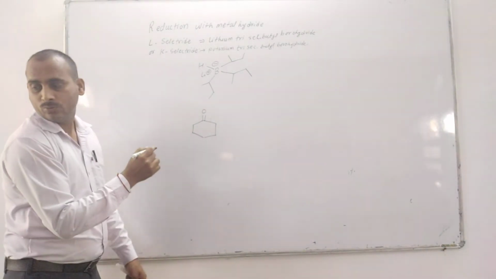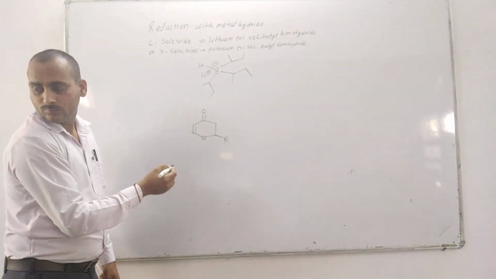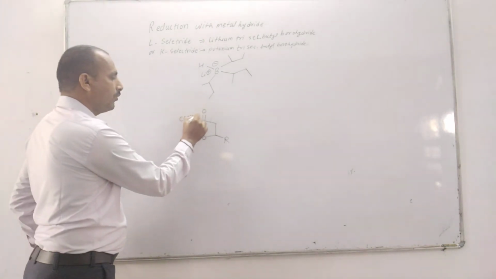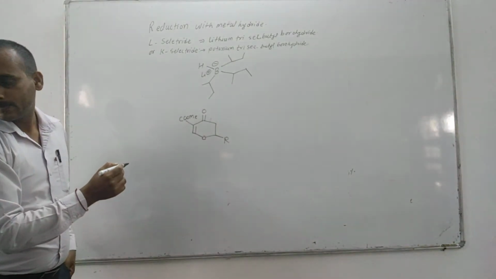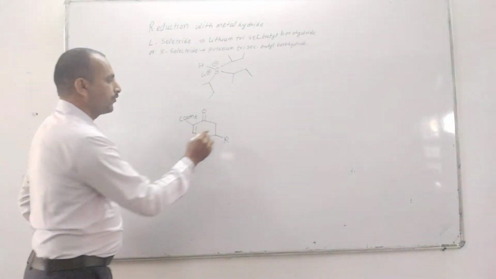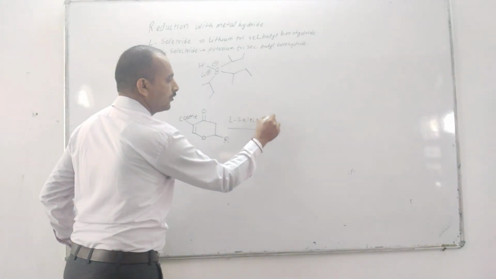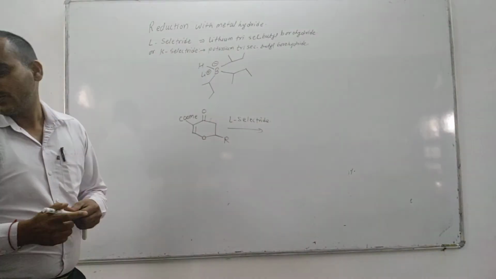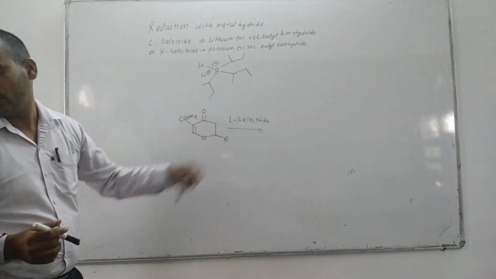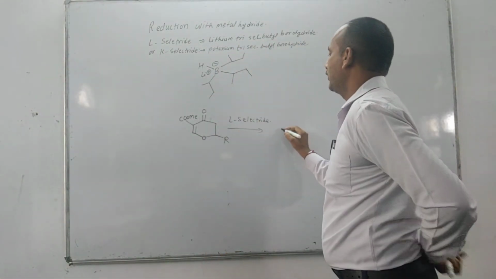Double bond O, double bond R, COOMe, then L-Selectride. Now again there is no steric hindrance at this position, therefore this gets reduced to form the 1,4 reduction product.